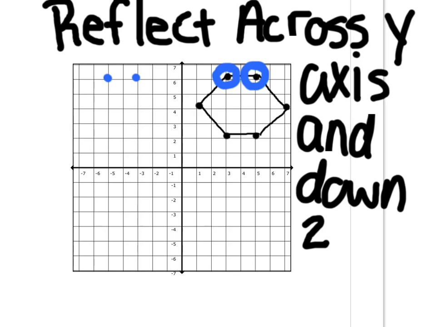This point becomes negative 7, 4. This point becomes negative 1, 4. This point becomes negative 5, 2. And this point becomes negative 3, 2. Again, you connect the points.